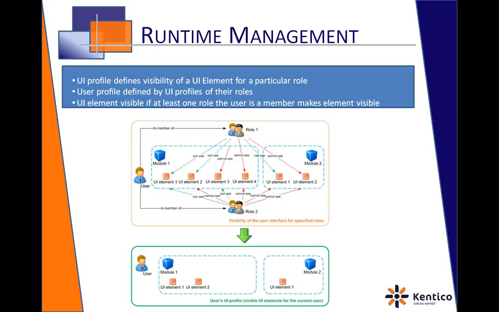For role 1, they have access to UI elements 1 and 2 in module 1. And for role 2, they have access to UI element 1 in module 2. At runtime, the UI profile that's created, the composite, actually provides an interface that's going to display module 1 containing UI elements 1 and 2, and module 2, UI element 1.